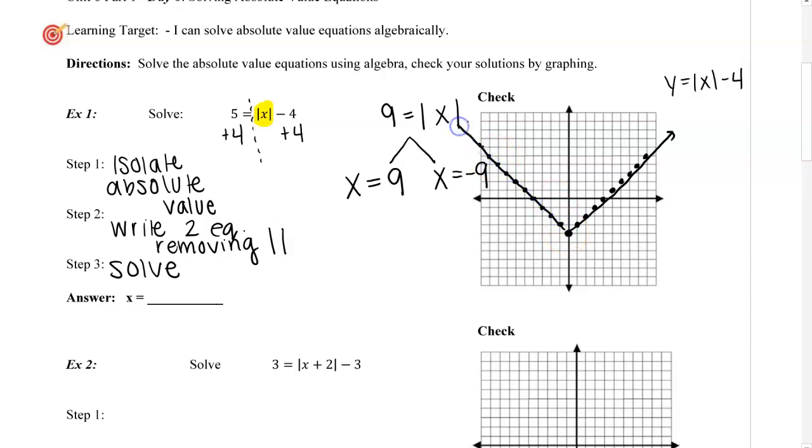If we wanted to see where this absolute value function does indeed cross a y value of 5, we would plot a y value of 5, and we would draw a horizontal line and see that our horizontal line does indeed cross the absolute value function at 9 and negative 9.